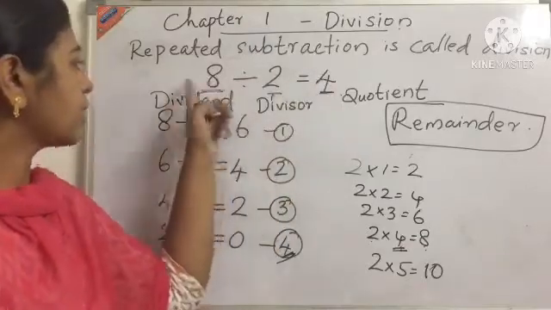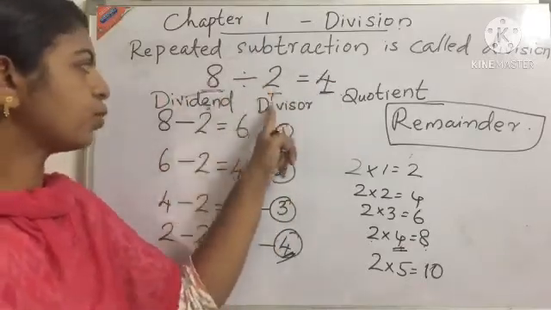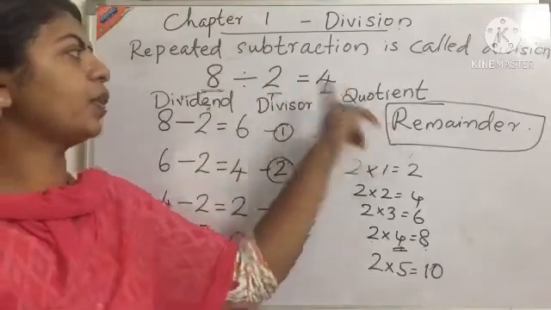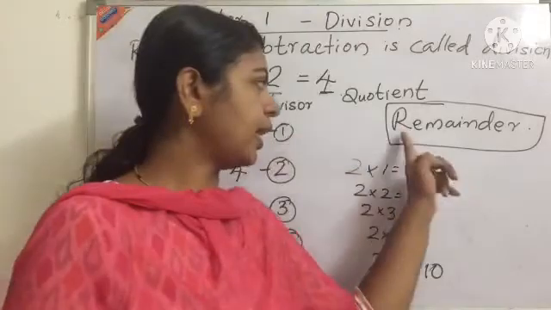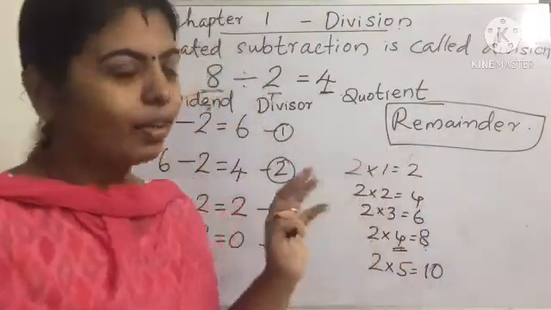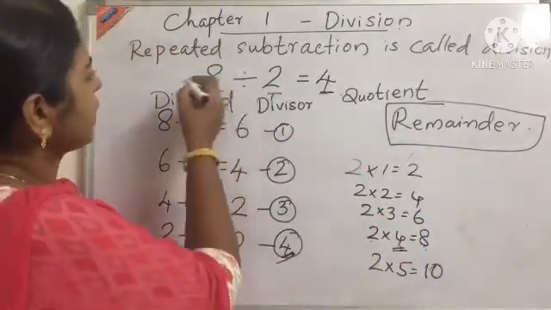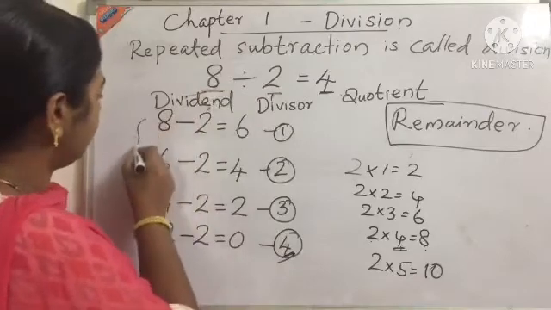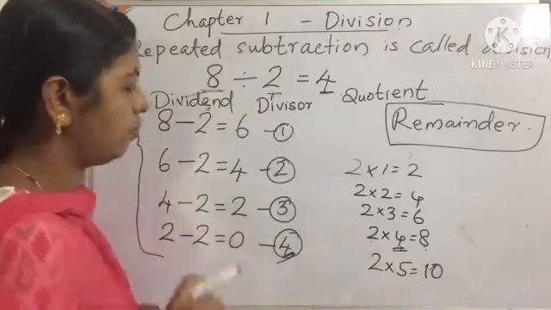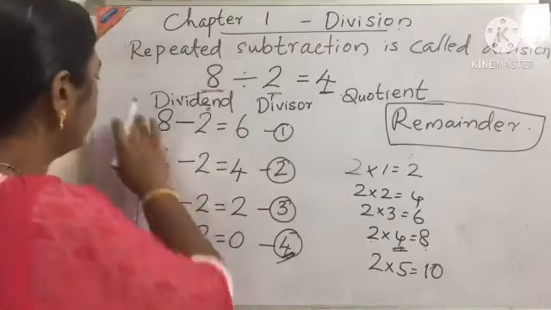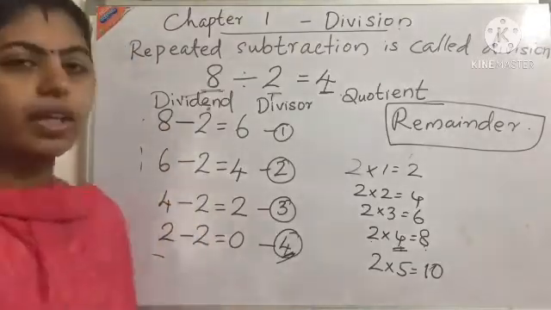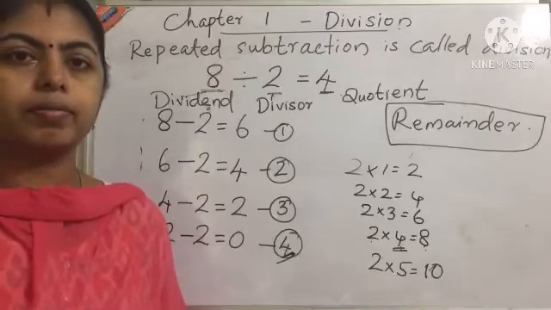This 8 is called dividend, this 2 is called divisor, this 4 is called quotient, and one more word we want to study, that is remainder. This example shows that it's a repeated subtraction. This much you can write into your notebook.